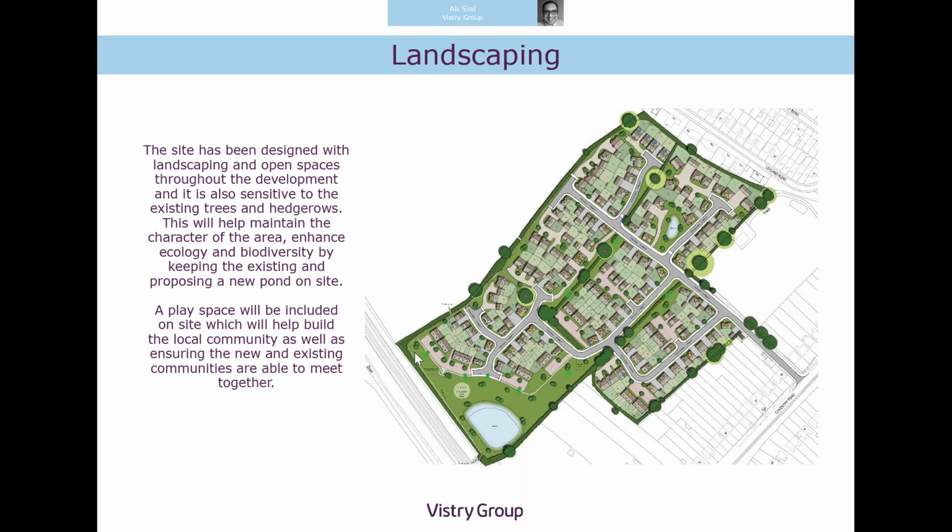On the layout, you will also see that we have kept 3 natural green corridors. If you look at the central part of the site, that is the main green corridor, and towards the west and the east part, you'll have some corridors running north to south.